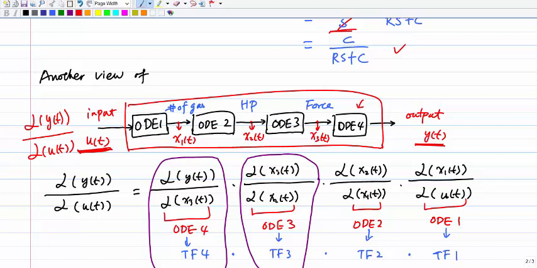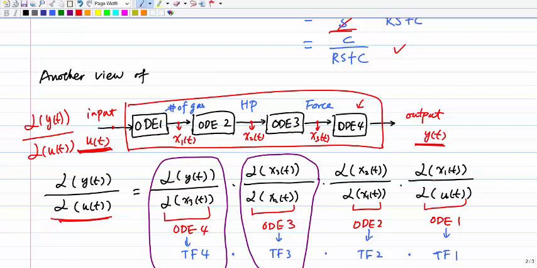Times L[x3(t)] divided by L[x2(t)], where the input is x2(t) and output x3(t). Times L[x2(t)] divided by L[x1(t)]. And times the last one, L[x1(t)] divided by L[u(t)], where the input is u(t) and output is x1(t). So this can be written as a product of 4.